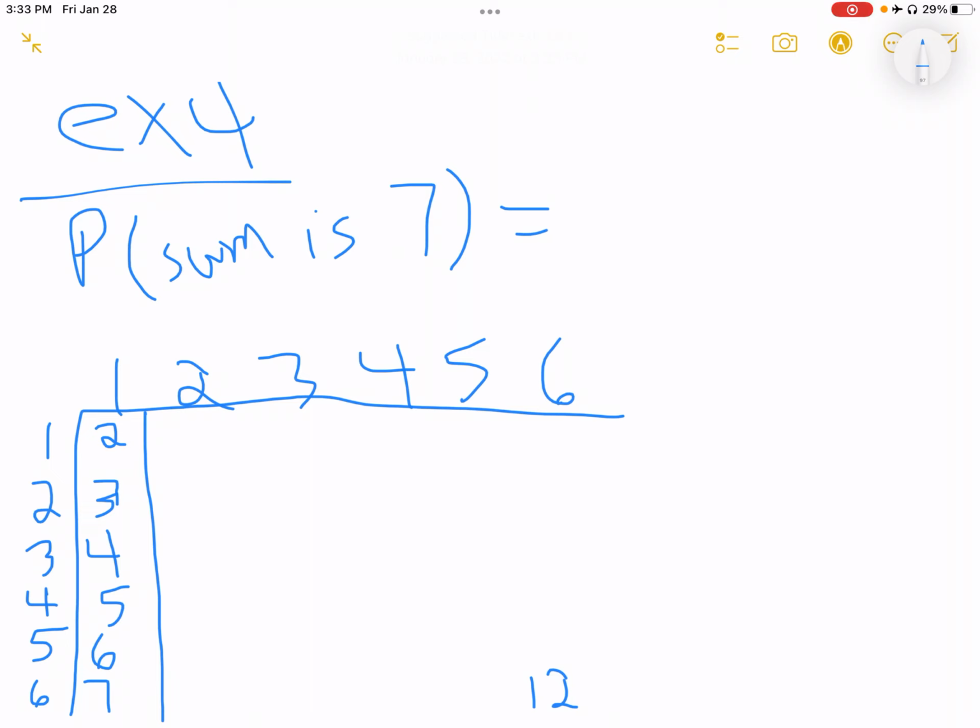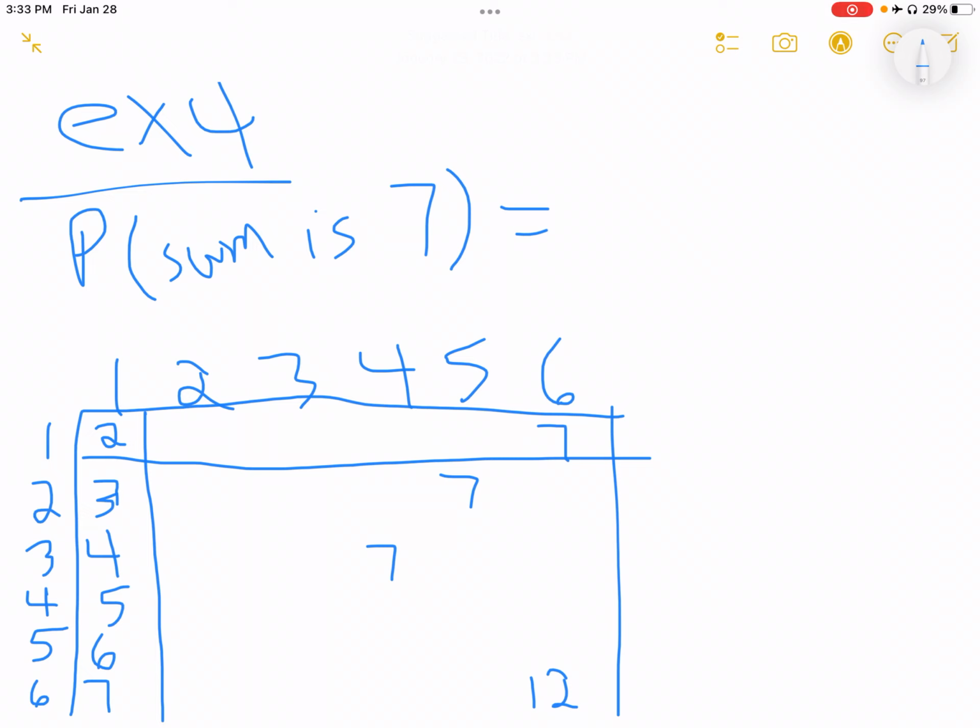Okay, so basically if you look at the chart there, you count the number of 7s, or you fill in this chart right here. If you roll a 6 and a 1 over here, we'd also get 7. So if we rolled a 5 and a 2, we get a 7. And a 3 and a 4, we get 7.